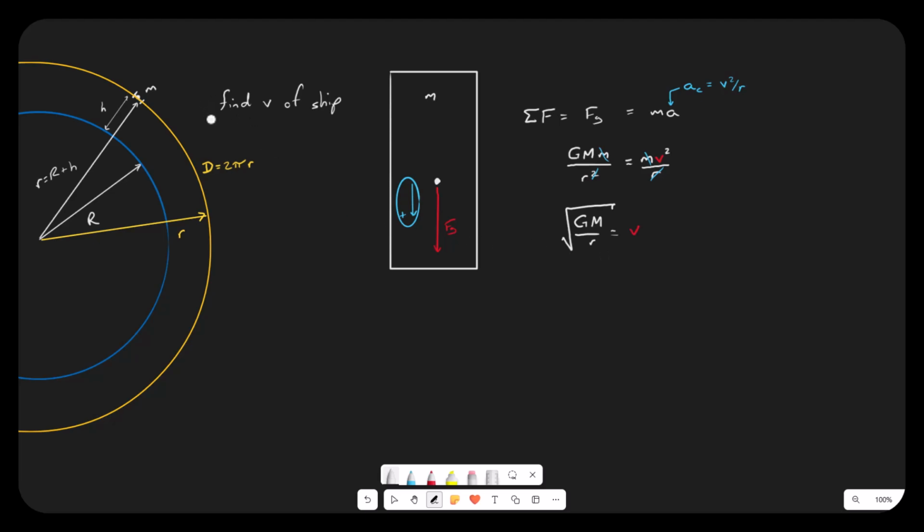What if I were asked to find the time for one orbit? So, question 1, find the speed of the ship. Done. There's question 1. Question 2, find the time for one orbit. I can say that my speed is going to be distance over time.